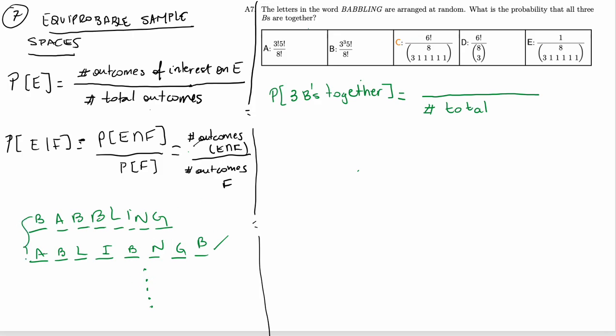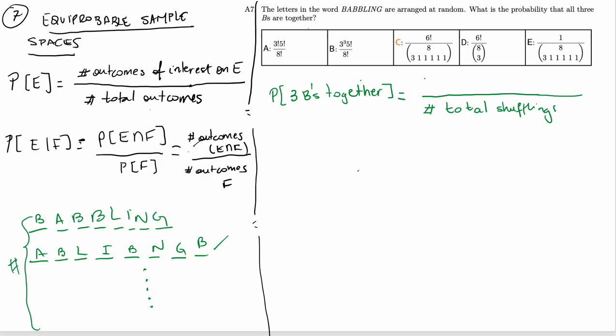So there are a number of ways that this word can be shuffled, and this is the total number that has to be in your denominator. The number of total shufflings, let's say. How do you write this? Shufflings, like this? Okay?